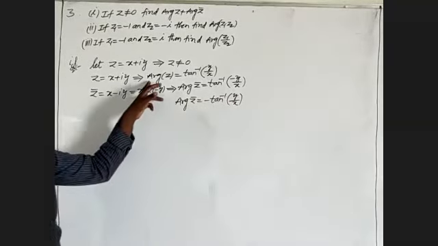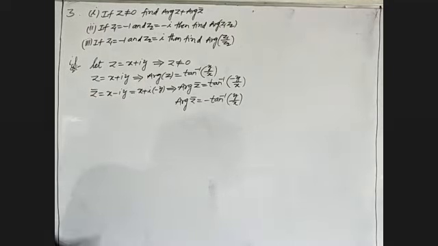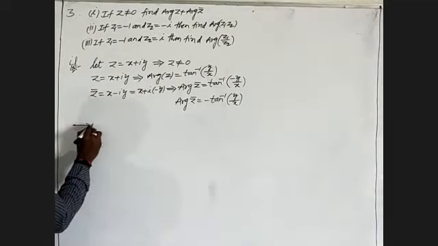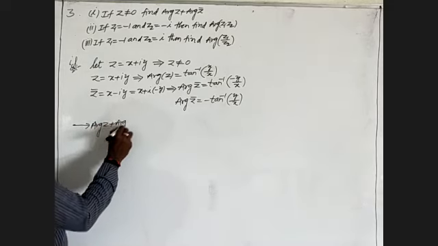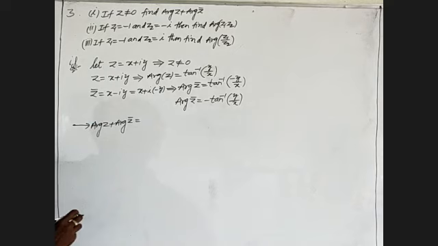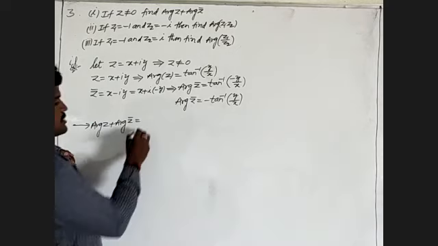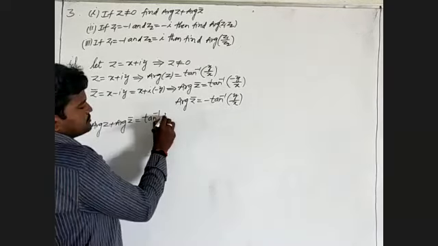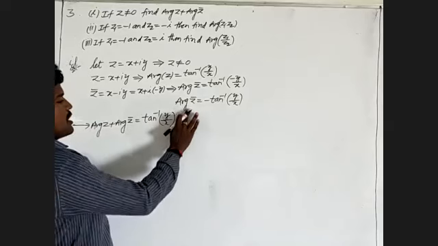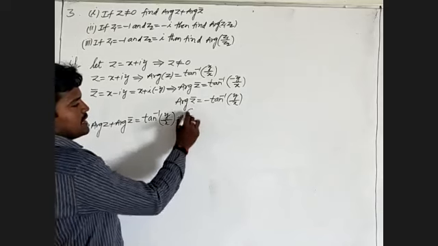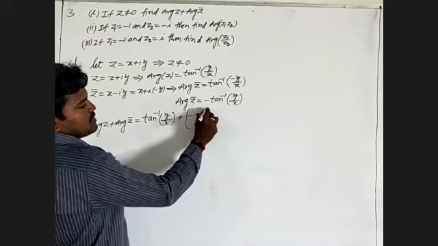We know argument z and argument z bar. What is the problem asking? Argument of z plus argument of z bar is nothing but, where argument of z is tan inverse y by x, the given symbol is plus, and argument of z bar is minus tan inverse y by x.